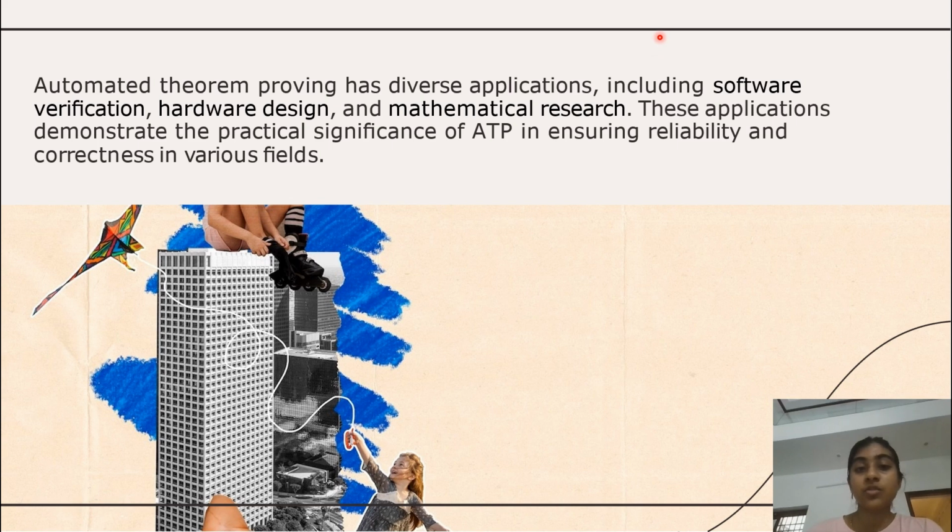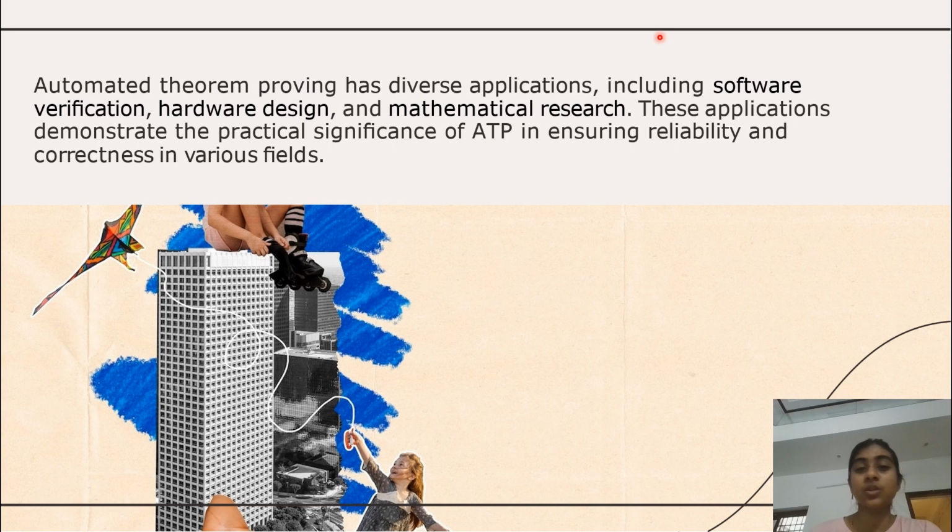So, applications of ATP in the real world. ATP is widely used in software verification, where it's critical to prove the correctness of code and algorithms, ensuring that they don't contain logical errors. ATP is also applied in hardware design to verify that hardware will function as expected.